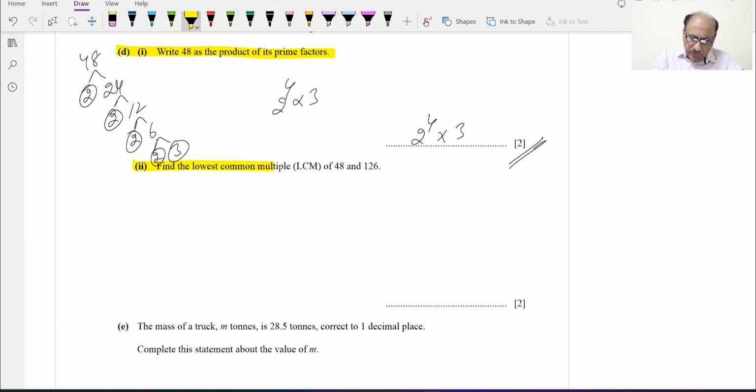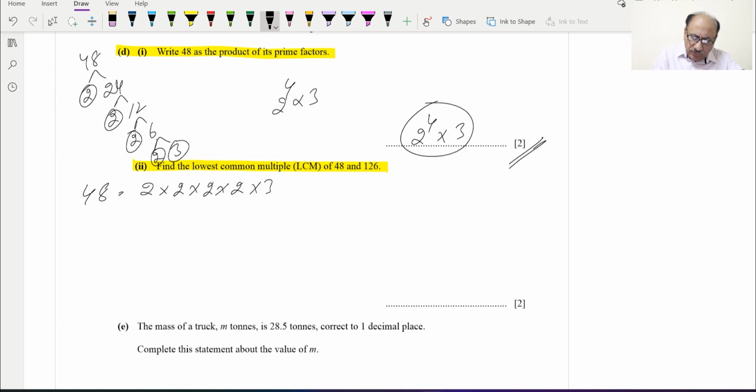And the second part, find the lowest common multiple, LCM, of 48 and 126. The prime factors of 48 we already have. We can use the division method or the prime factorization method. So I will write 2 into 2 into 2 into 2 into 3, which we have already done.